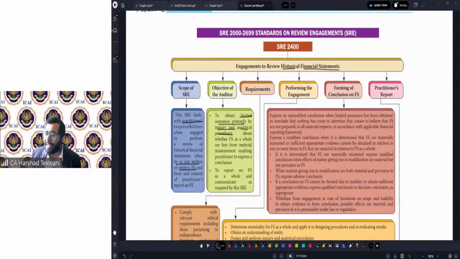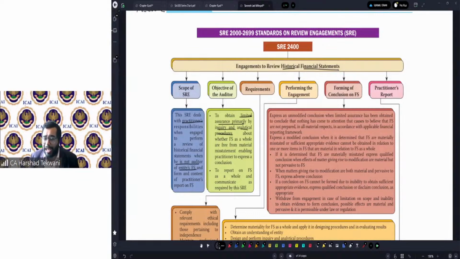So, can anyone tell me what is the opinion paragraph that we write in the audit? If I talk about an unmodified opinion in an audit report, what is the paragraph that you write? Anyone?